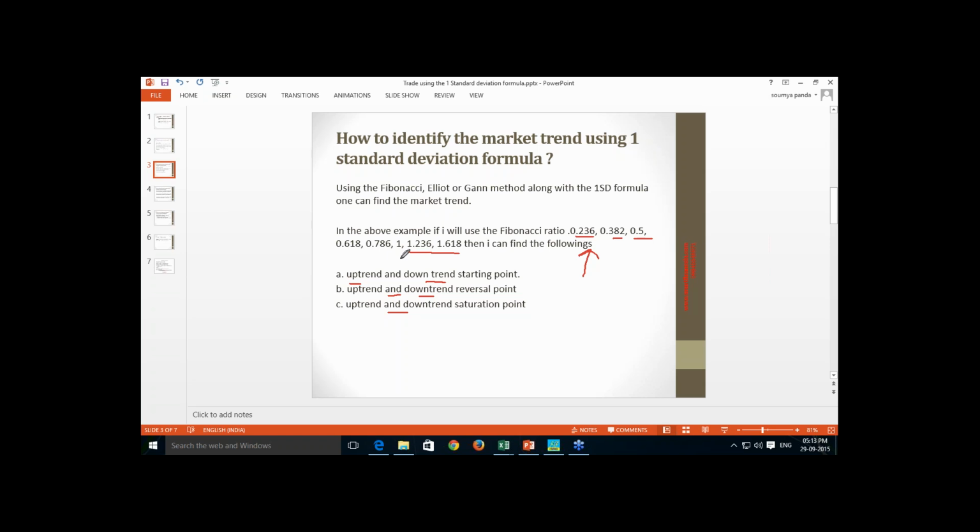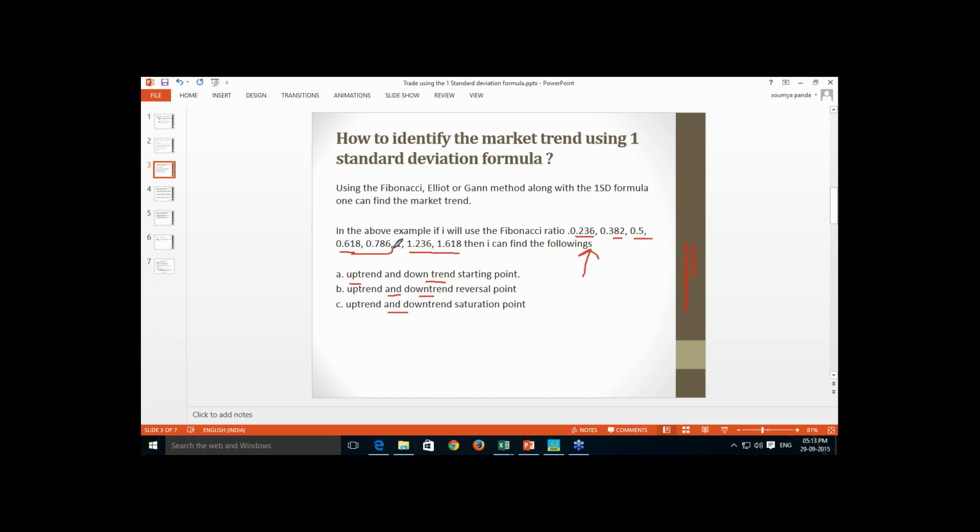And this uptrend continues till 0.618 without much restriction or resistance. Once it enters the 0.618 retracement and goes to 0.786, the probability of reversing from there is more, so the trend may change in this zone between 0.618 and 0.786.